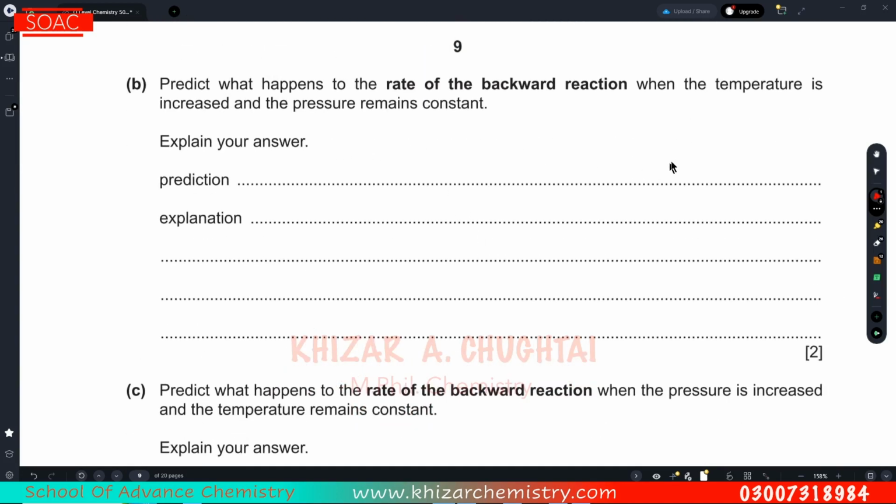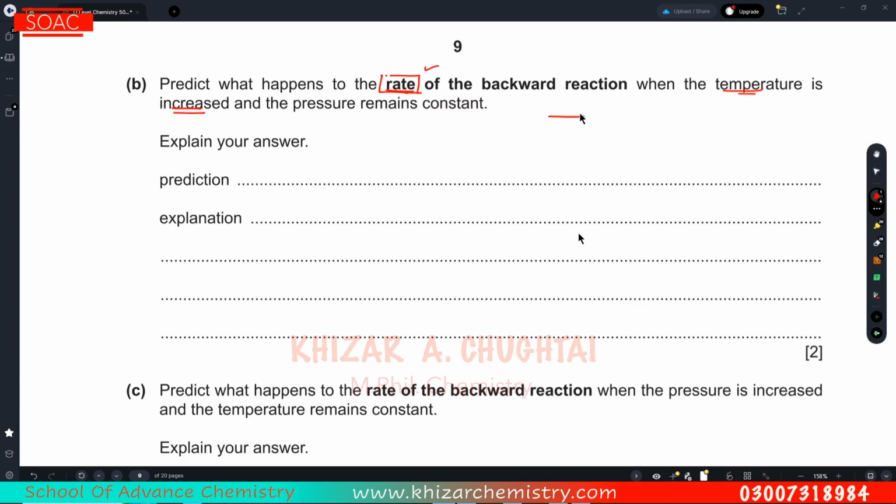Part B, predict what happens to the rate of backward reaction when temperature is increased and pressure remains constant. Now, this time he or she is asking about the rate of reaction. So, temperature increase, rate will definitely increase.